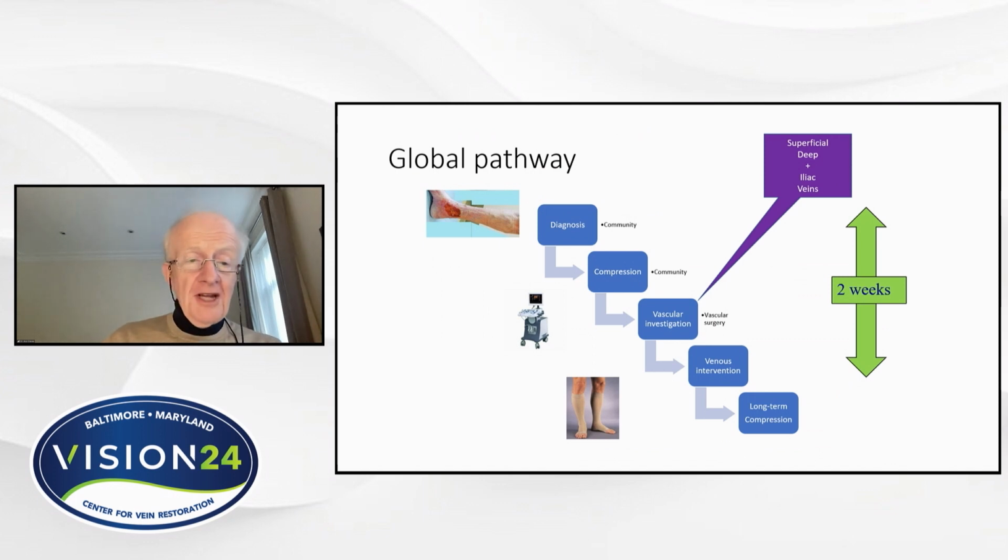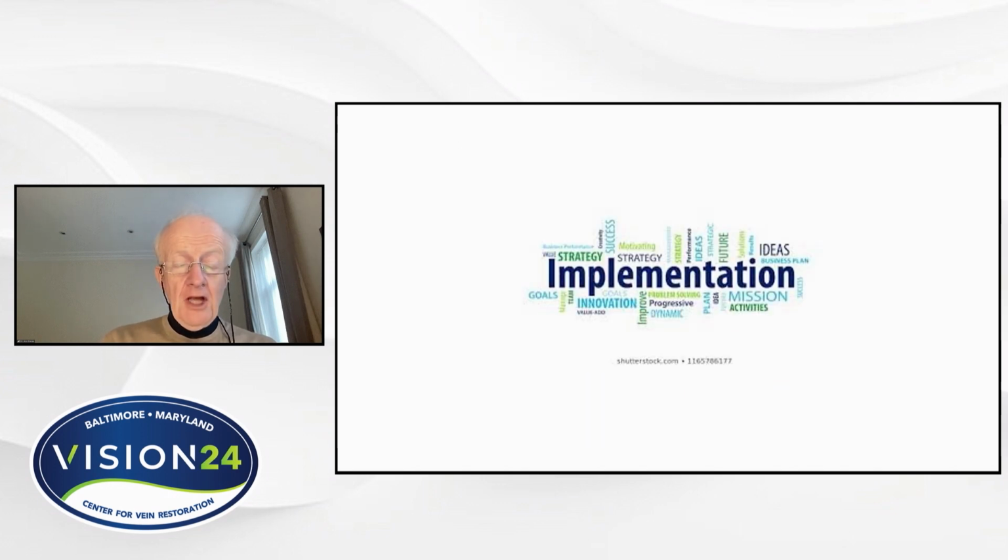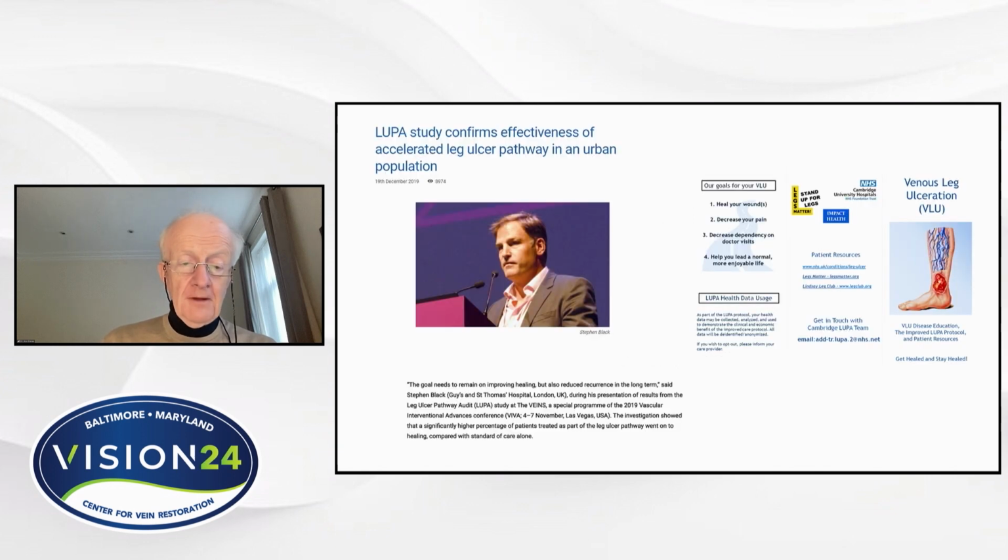I would very much like to think that we should all adopt this potential global pathway that from diagnosis to venous intervention and then long-term compression should occur in a 2-week period. We seem to manage a 2-week pathway when we're talking about the delivery of care with respect to cancer. Next slide, please. So what are the main issues? Those are of implementation.